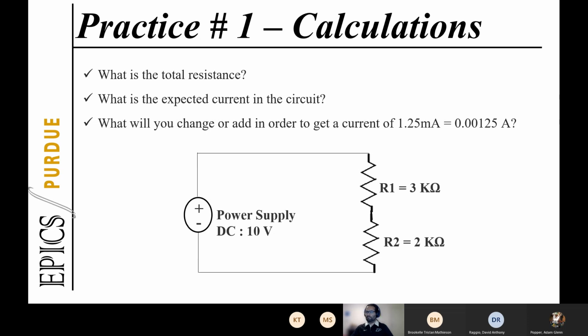Okay, so a very quick exercise. Let's try to look at this example that I have here. Consider the circuit that I have here, where we have a power supply that's going to provide you 10 volts DC, which means it doesn't change. It's like a battery, basically. And then we have 2 resistors with different resistances.